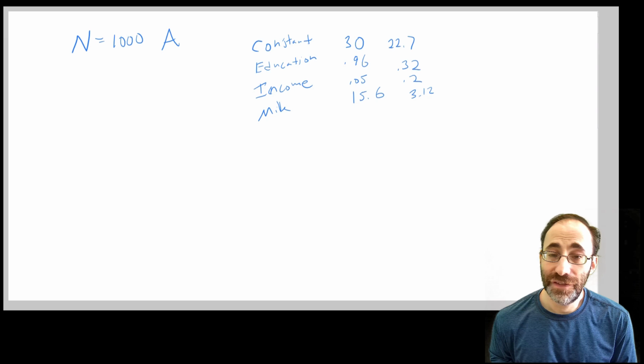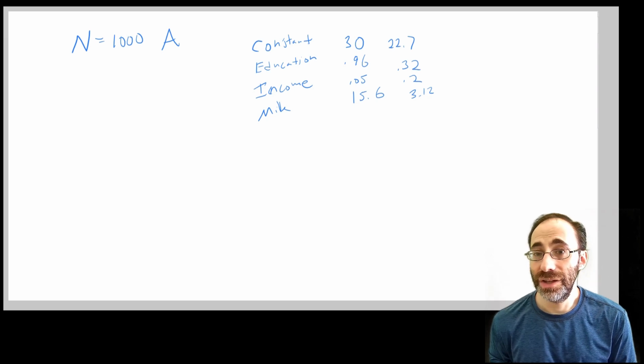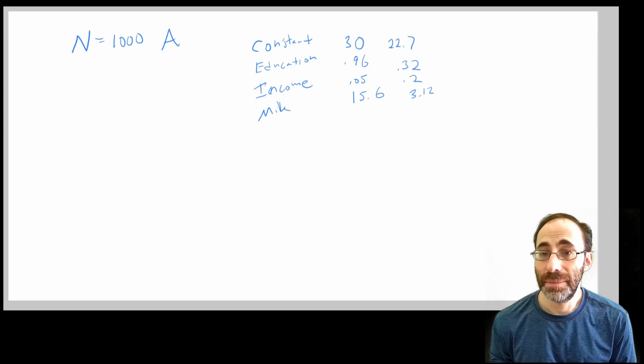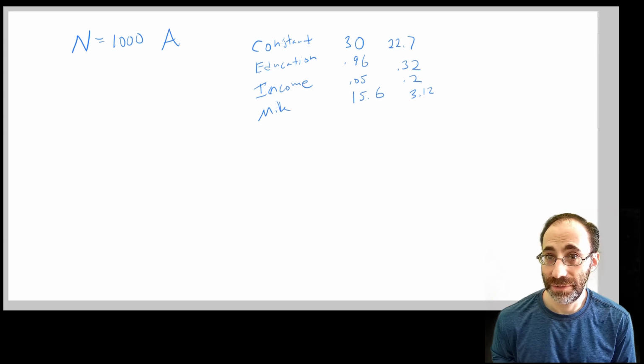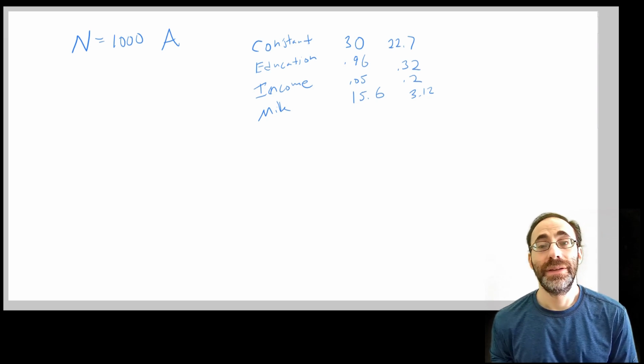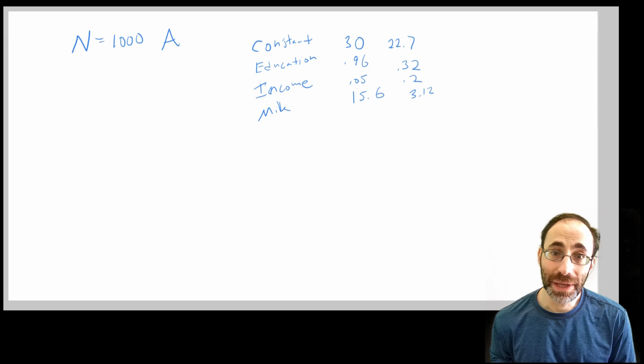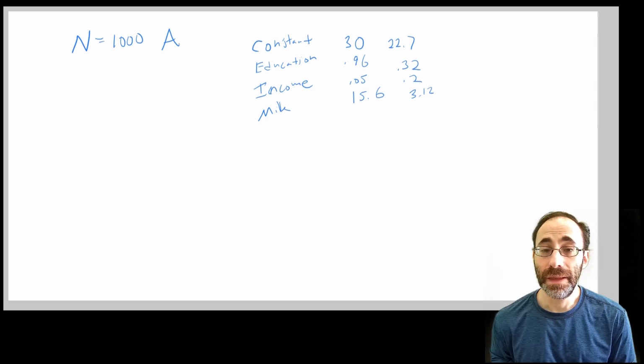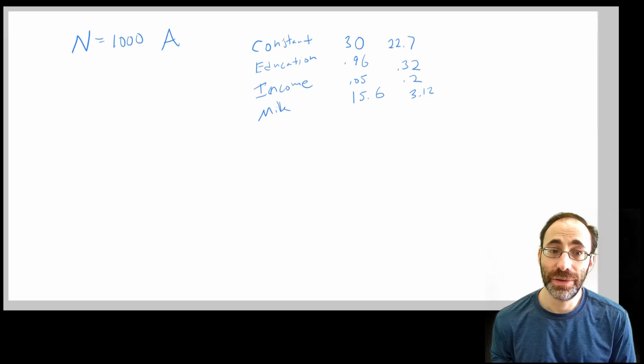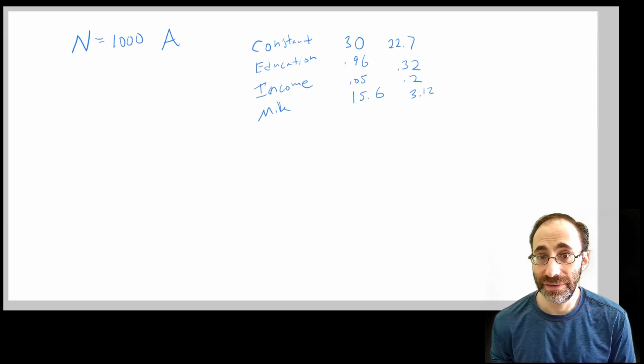And milk means if you had drunk milk that morning, you would increase your chance of voting for A by 15.6%. That's what they all individually mean. Note that their meaning is tied both to the coefficients, but also to the way we measure each of these things. Income here is measured in thousands of dollars, so for each 1,000, you increase your chance of voting by 0.05, and so on.